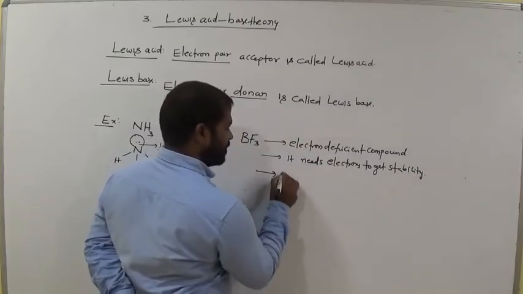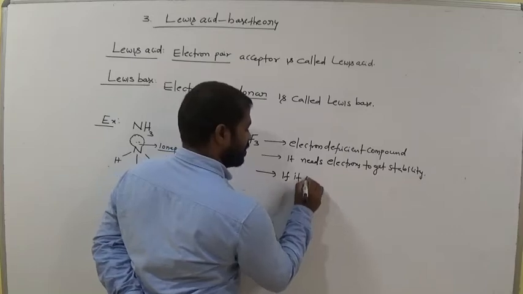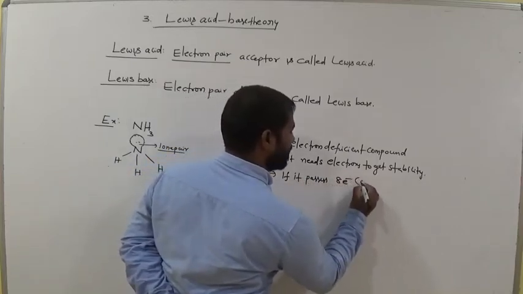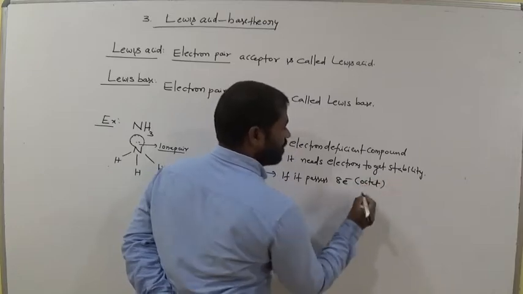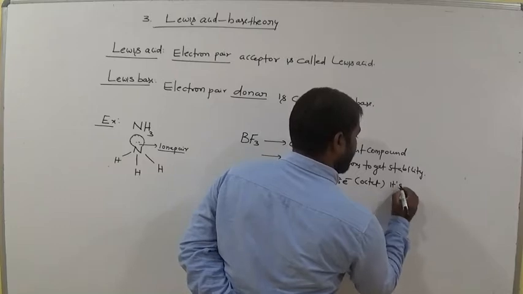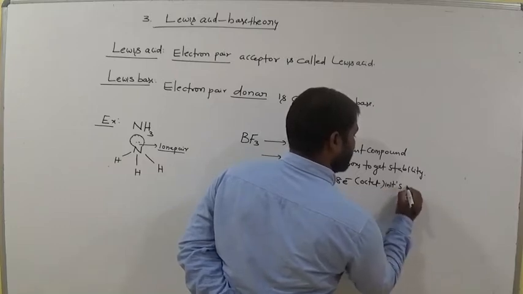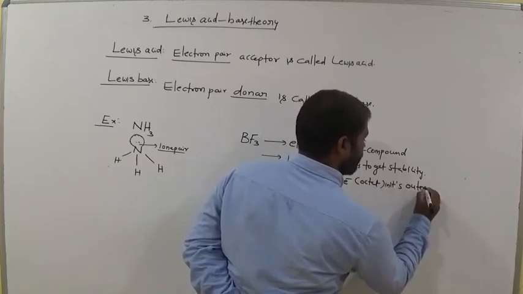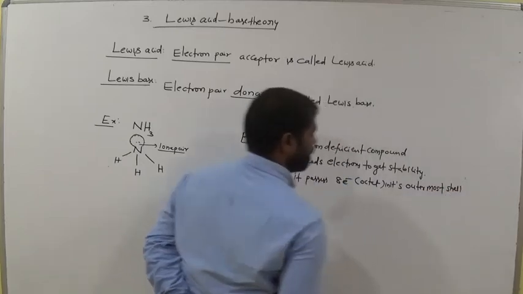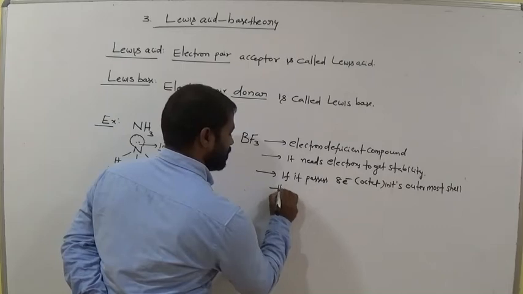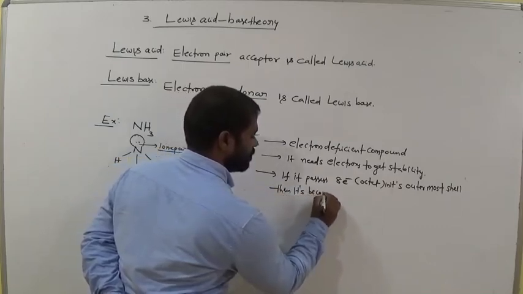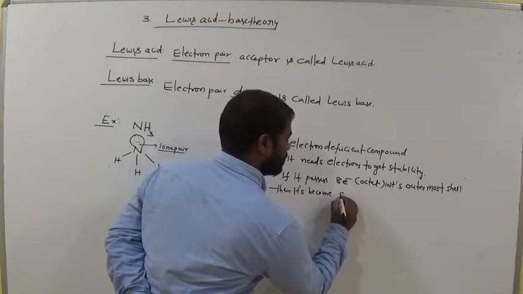If it possesses 8 electrons, that is an octet in its outermost shell, then it becomes stable.